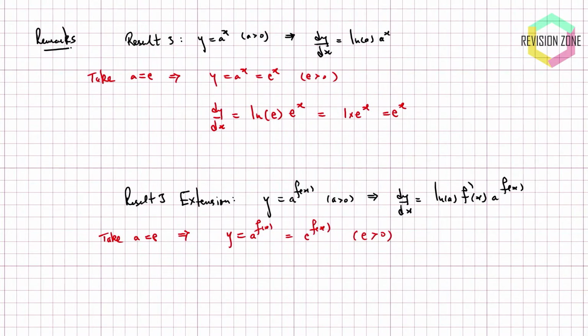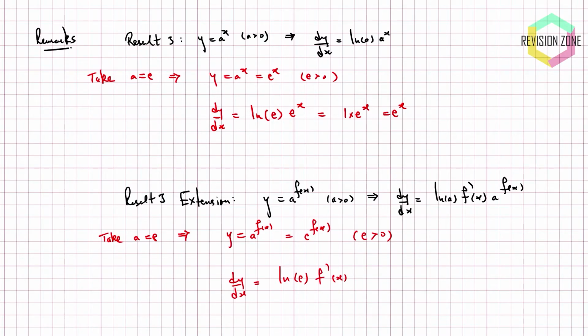Then using the above result, we can say that the derivative in this case is going to be our log a, so we're going to have log of e. Then we're going to have f prime, which is the derivative of f, f prime x.